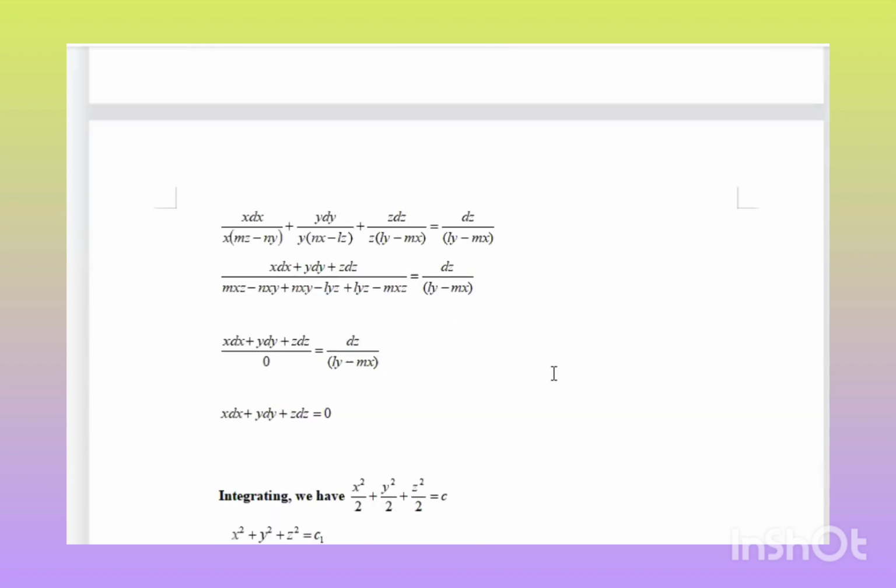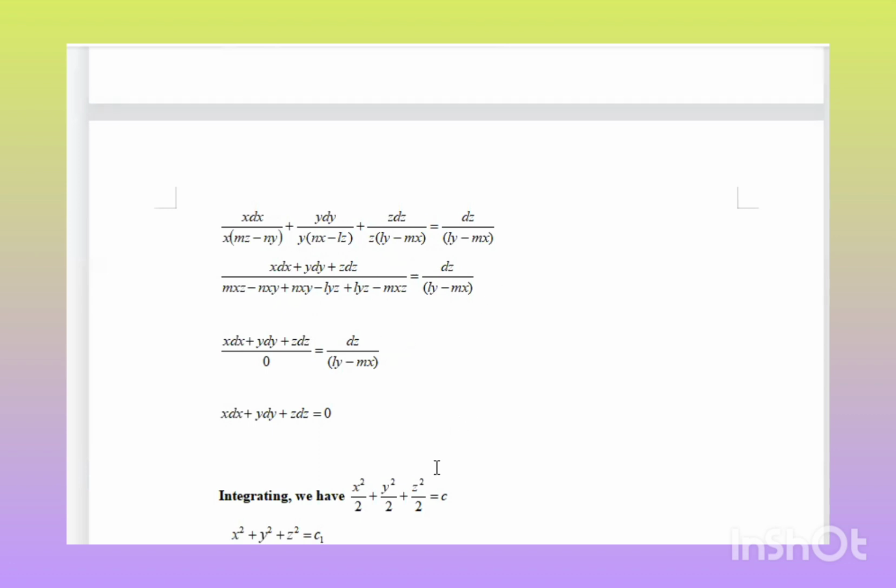So x dx/[x(mz − ny)] + y dy/[y(nx − lz)] + z dz/[z(ly − mx)], which is equal to any one of the terms, you can write dz/(ly − mx). If you add, the denominator will become 0, so the numerator will be x dx + y dy + z dz = 0 by cross multiplying.